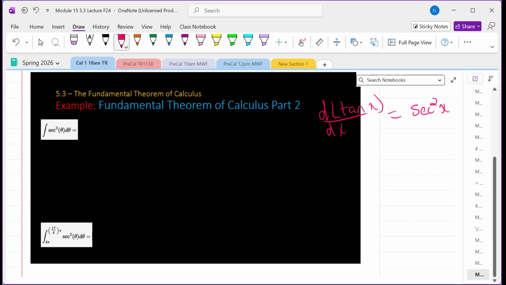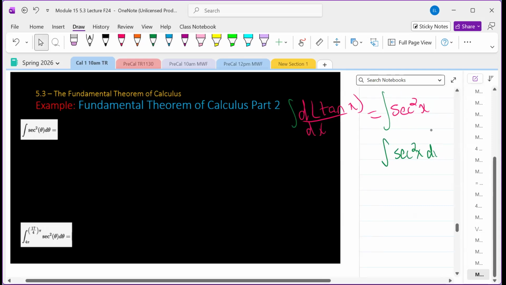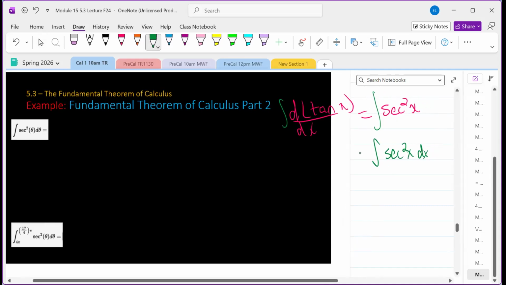So when I know my derivative rules, I also know some antiderivative rules. If I apply an integral to both sides of this, I end up with the integral of secant squared, technically there'd be a dx here, is tangent.